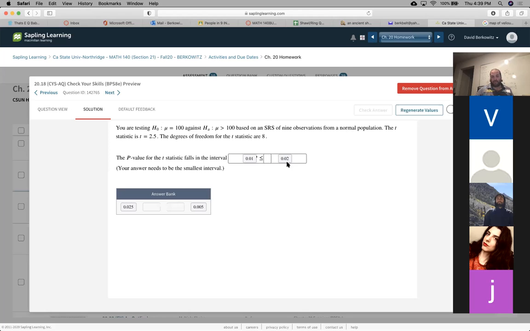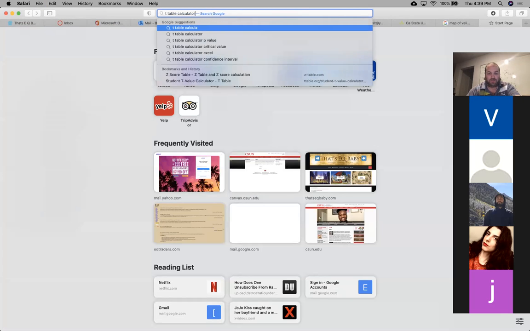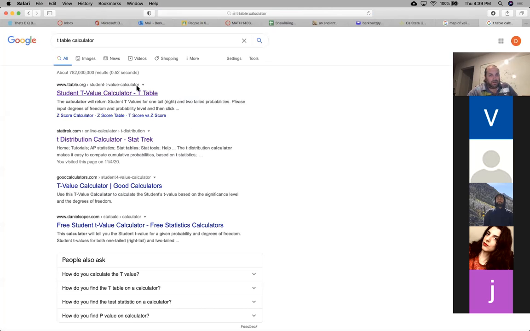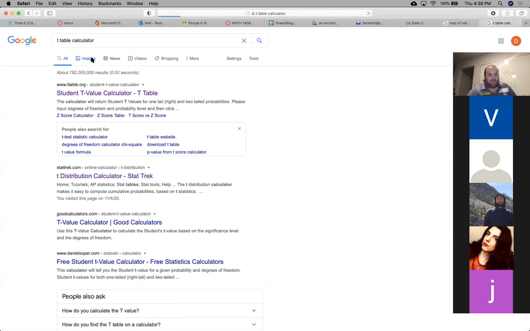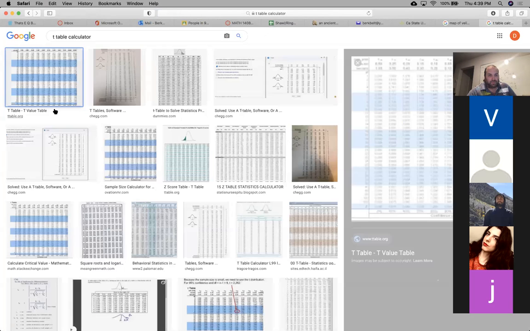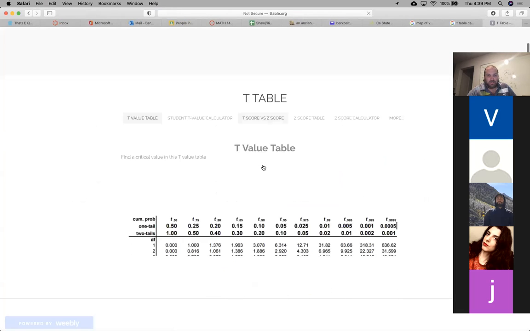If I were to do this on a table, would I be able to? Well, let's take a look. I want an actual table, so let's go to images. Okay, so here we have a T table.